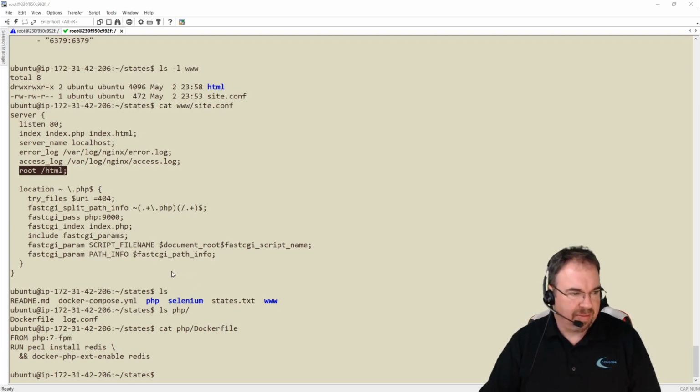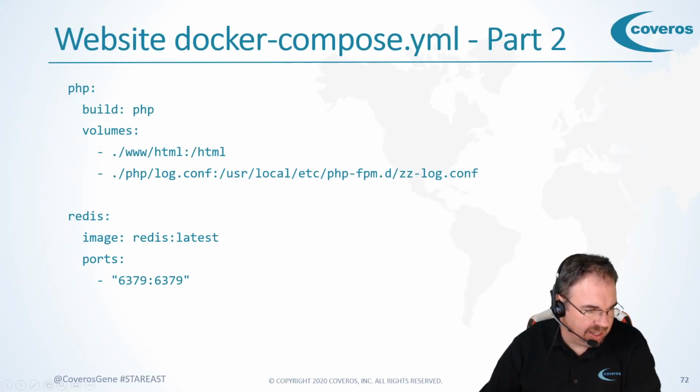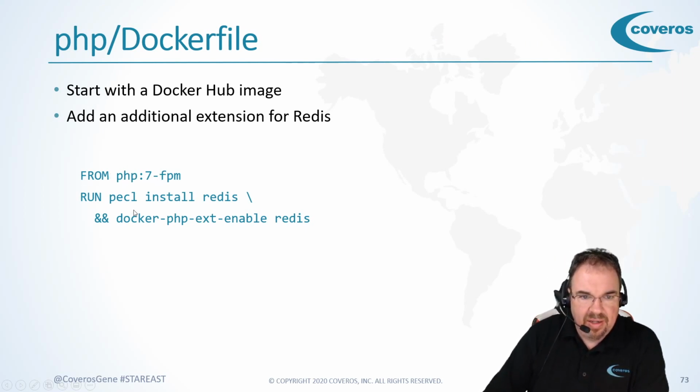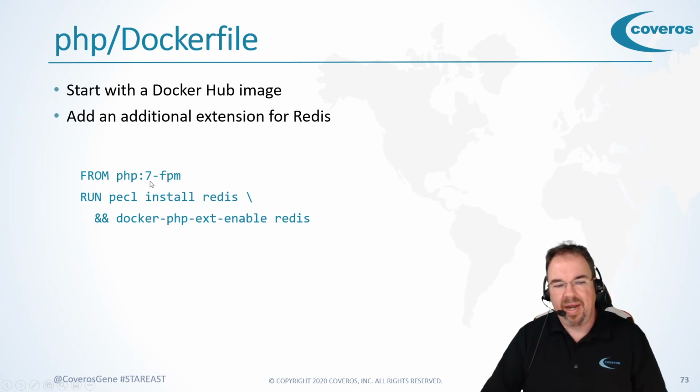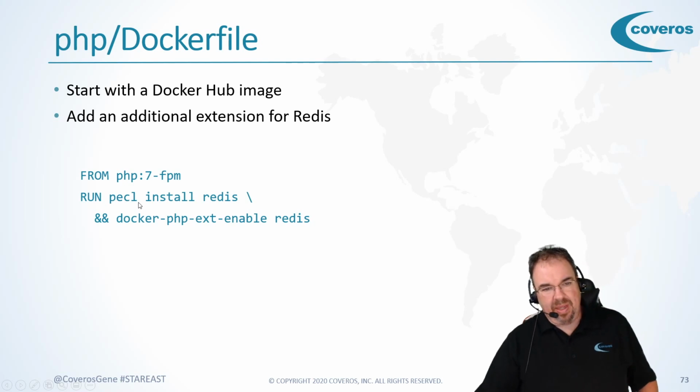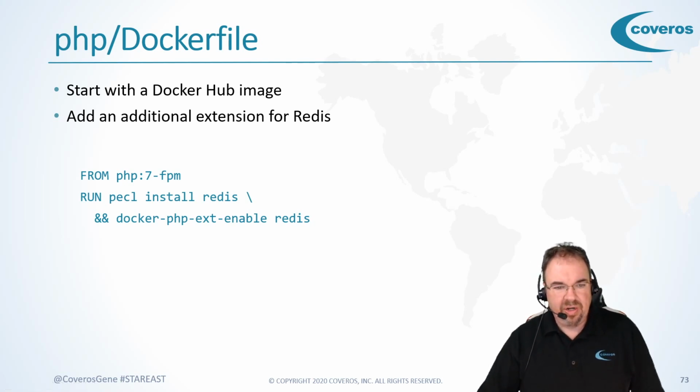Let's talk about that a little bit more back on the slide here. We're going to start with this Docker Hub image, and I could go to Docker Hub and find that, and I will in a second. I'm going to run PECL, which is an extension loader for PHP, to install the Redis driver, right?